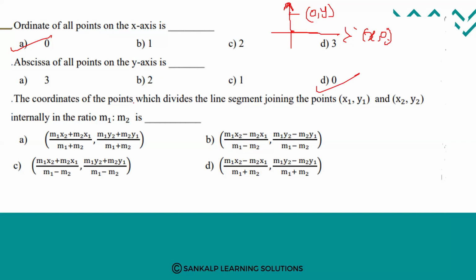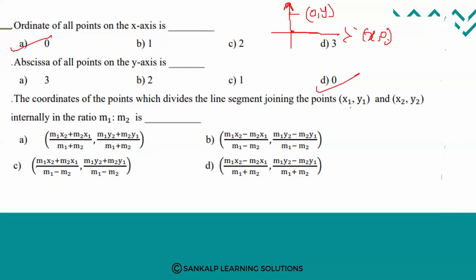The coordinates of the point which divides the line segment joining the points x1, y1 and x2, y2 internally in the ratio m1 is to m2 is, okay, (m1 x2 plus m2 x1) divided by (m1 plus m2), (m1 y2 plus m2 y1) divided by (m1 plus m2). m1 x2 plus or minus m2 x1, which is correct here? There is no minus in our formula.